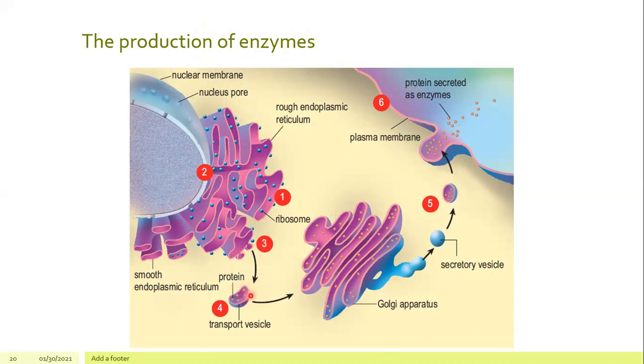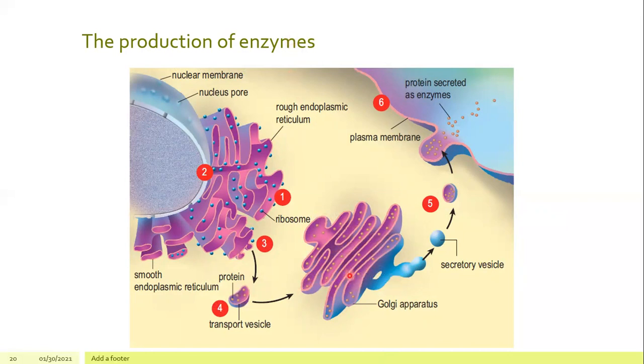This transport vesicle will carry the protein produced by the ribosome to the Golgi apparatus. Remember, the function of the Golgi apparatus is to process, package, transport and secrete the protein. In this process, our Golgi apparatus is going to process the protein into enzymes.